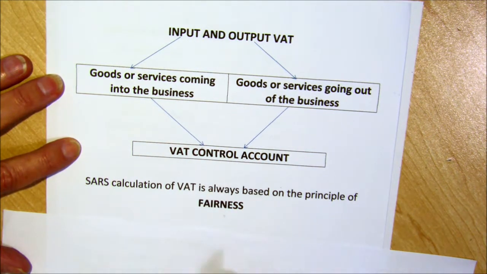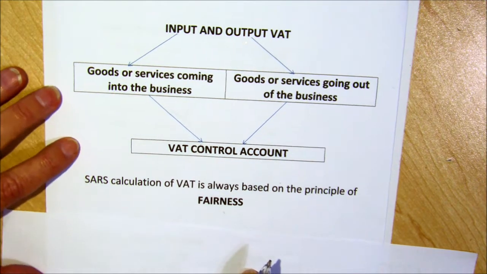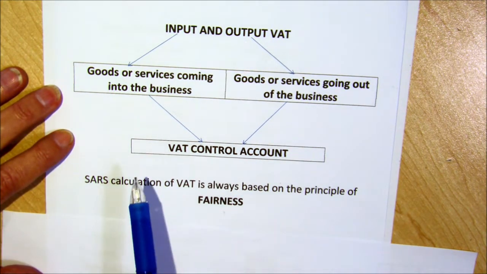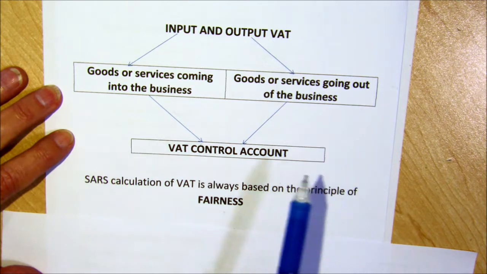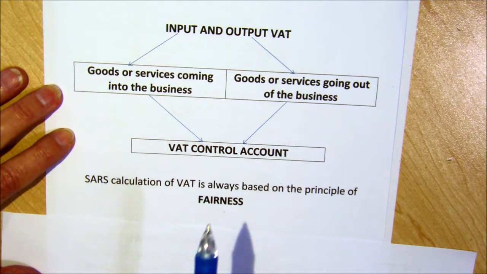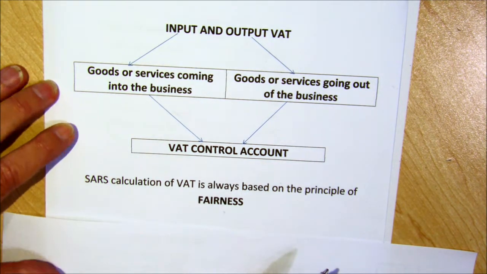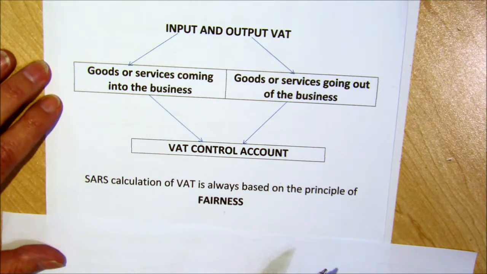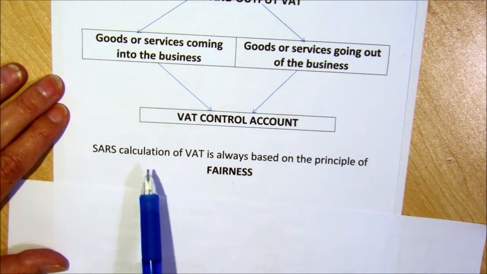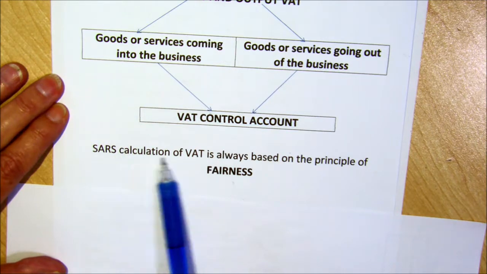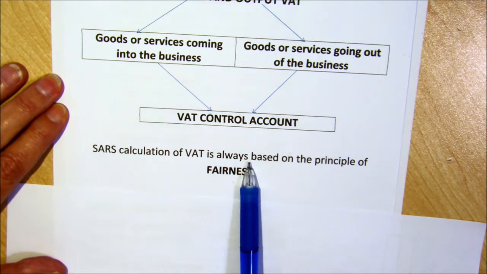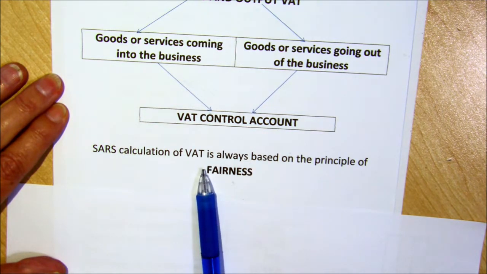Now it's this calculation that we are required to do, and as I said, they might ask you in grade 11 sometimes to do ledger accounts, and we'll look at that just now. But first of all, let's get the principle sorted out of how this VAT works. Overall, we need to take into account that SARS, in their calculation of VAT, works on a principle of fairness.